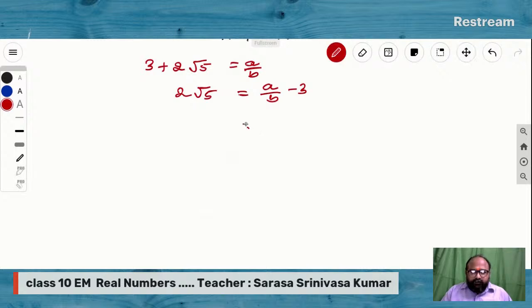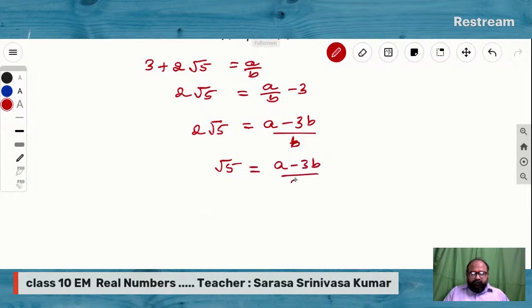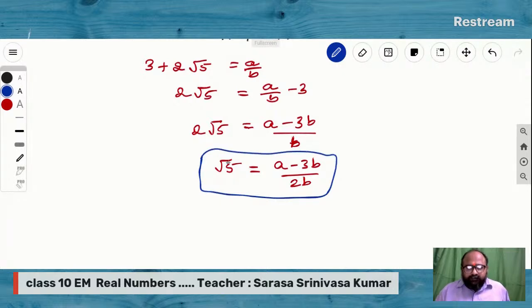So this is equal to 2 square root of 5 equal to a minus 3b by b. From this we can write square root of 5 equal to a minus 3b divided by 2b. Now we apply the mathematical logic to prove that the right hand side term a minus 3b divided by 2b is a rational number.